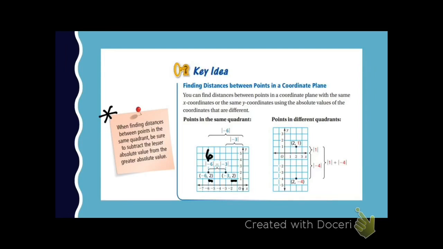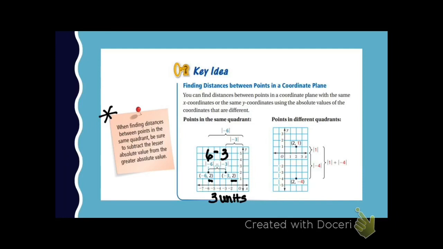The absolute value of -3 is 3. And if they're in the same quadrant, which they're both in quadrant 2, all you do is subtract. What is 6 minus 3? It is 3. So it would be 3 units, whatever the units are. If they tell you, then you include that. If it says miles or meters or feet. They didn't tell us a specific unit, so I'm just going to write the word units. 3 units is the distance, okay?